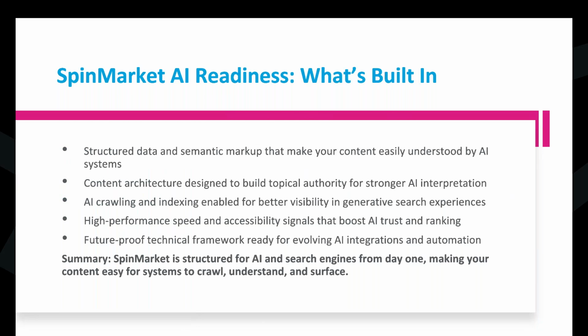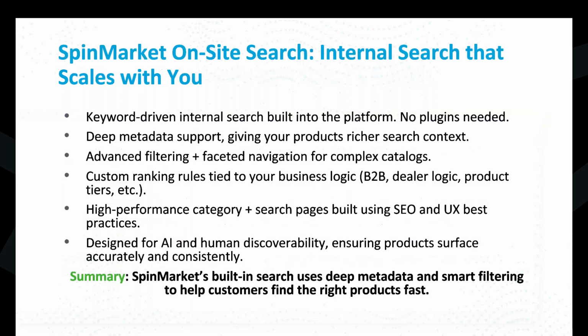It's about how well your platform understands the product data and delivers the most relevant results instantly. SpinMarket's internal search is built into the platform, just like all the other fancy things, not bolted on through plugins like Shopify Search and Discovery or WooCommerce add-ons. So that means that your structured product data and the metadata is used and understood in a much deeper way.